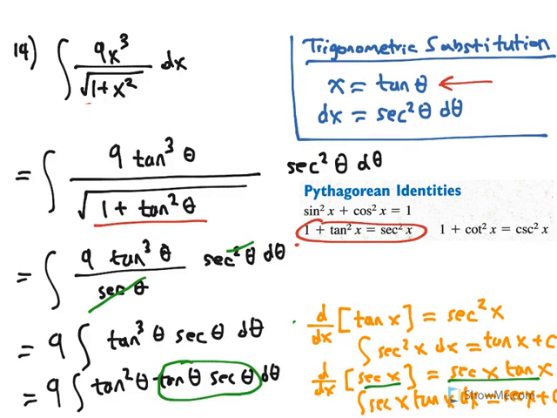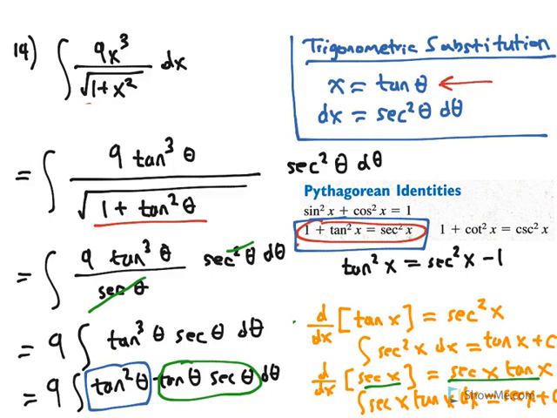So if I let u be equal to secant theta, then du will be equal to secant theta times tangent theta d theta. But how can I let u be equal to secant theta when what I have here is tangent squared theta? I can rewrite tangent squared theta by using this Pythagorean identity, so tangent squared theta is equal to secant squared theta minus 1.